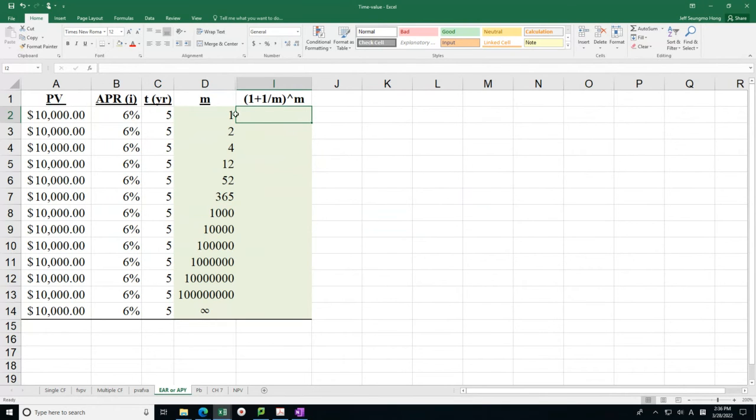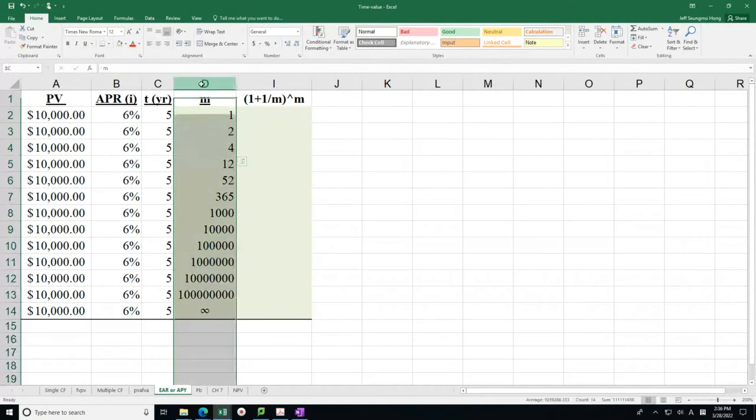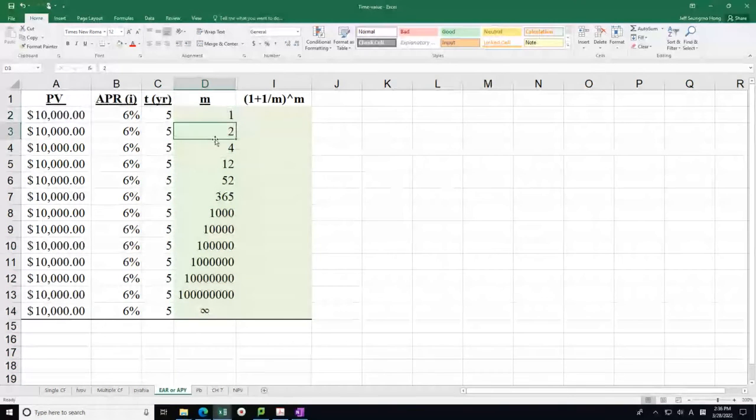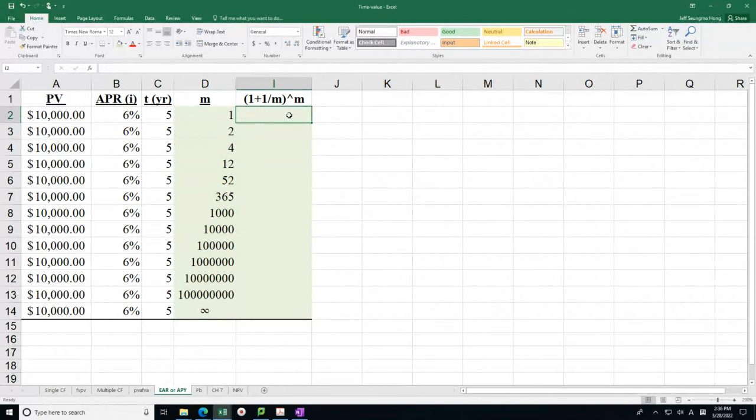But then let's take a look at the compounding frequency, column D. First is annual compounding. Column I is only the multiplying factor, what they call the compounding factor, because we're just going to try out what the compounding factor is.